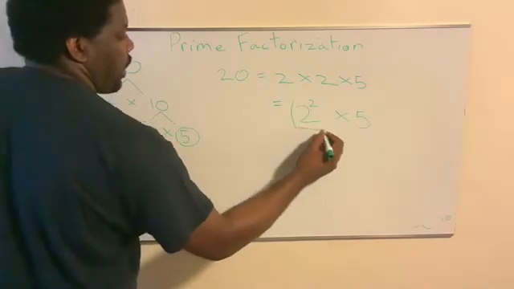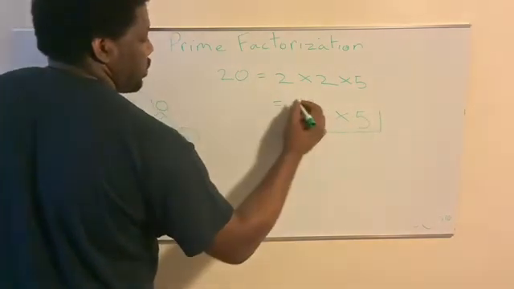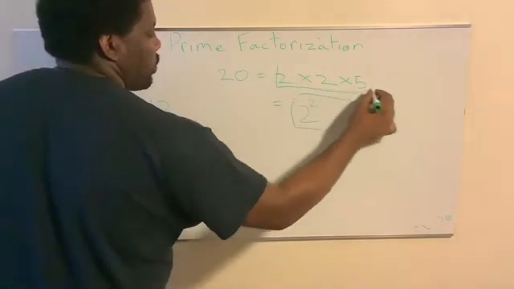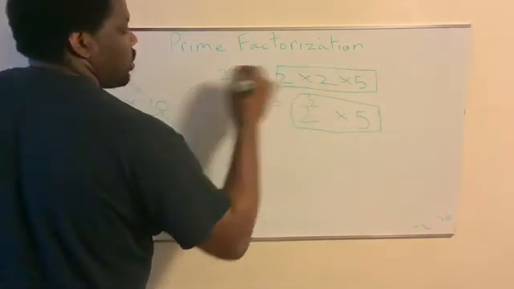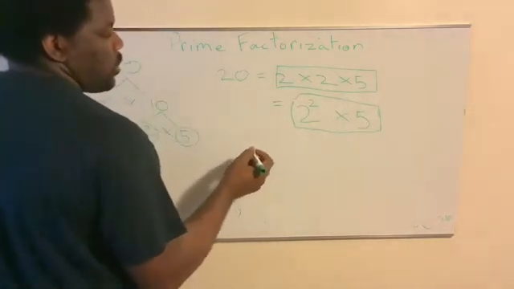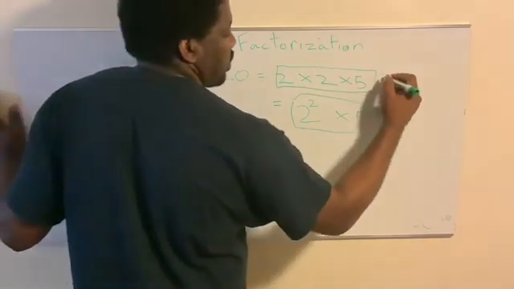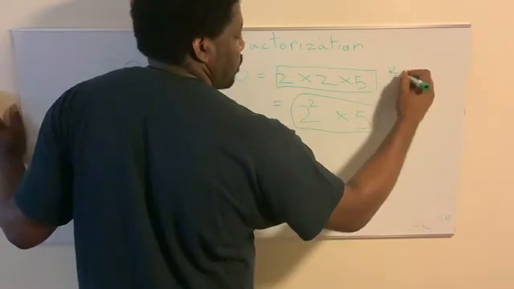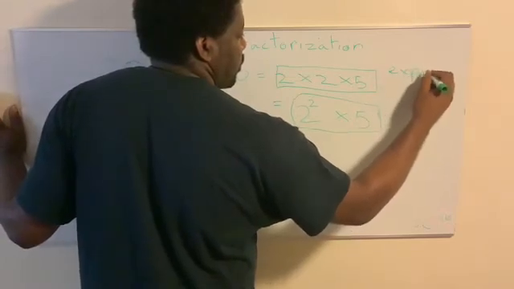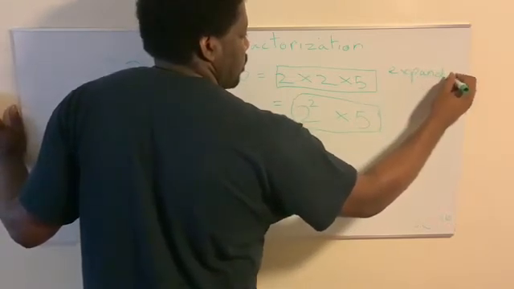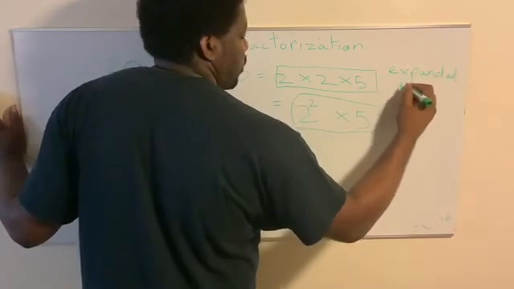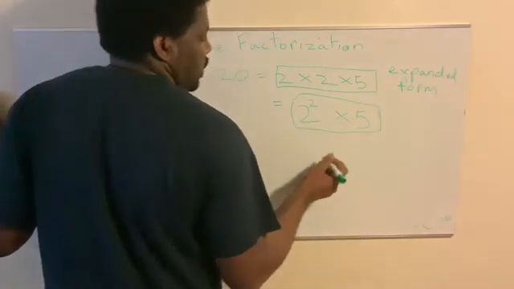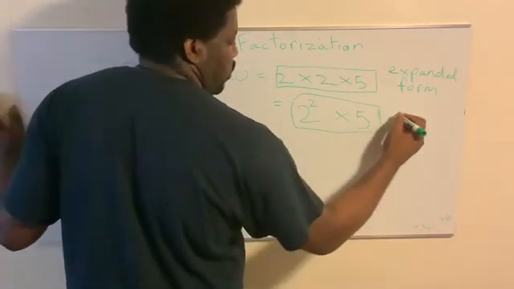This is my prime factorization of 20. This version is called expanded form, and this version is called exponential form.